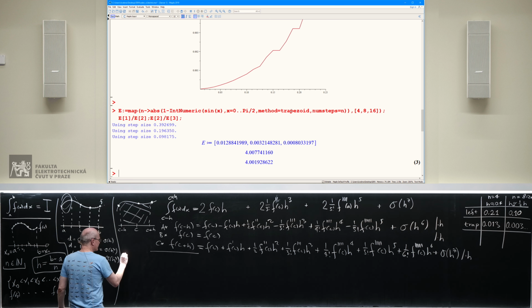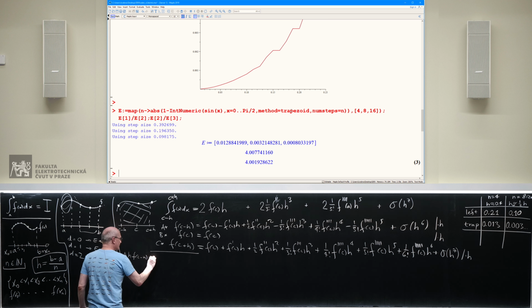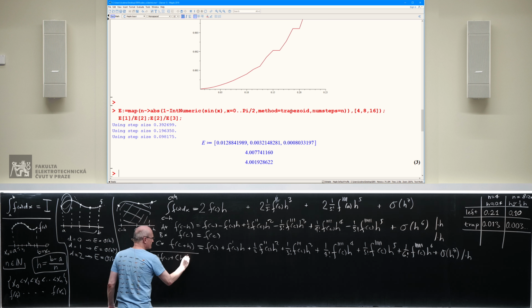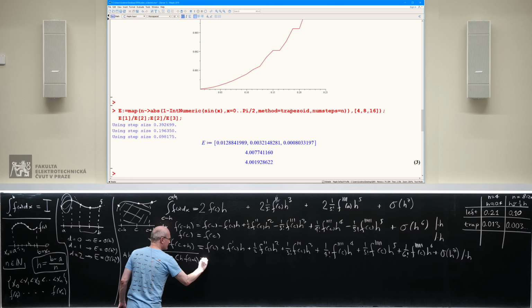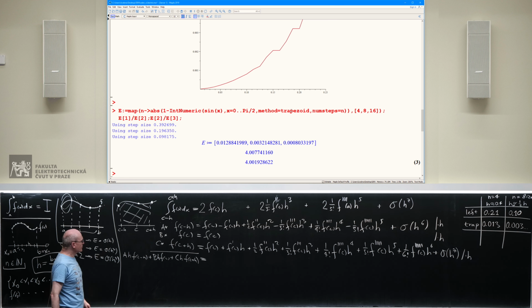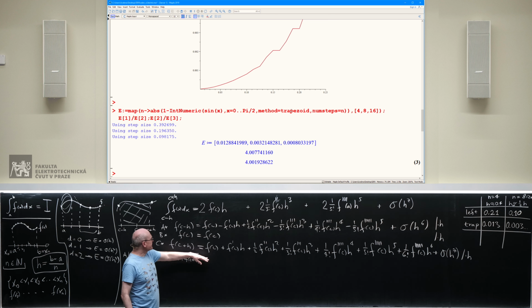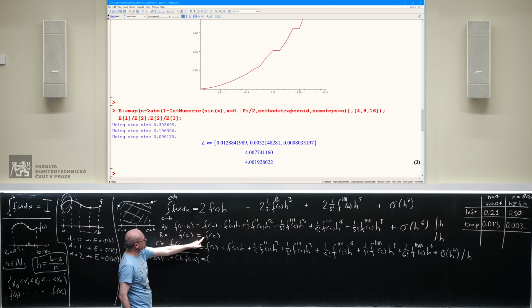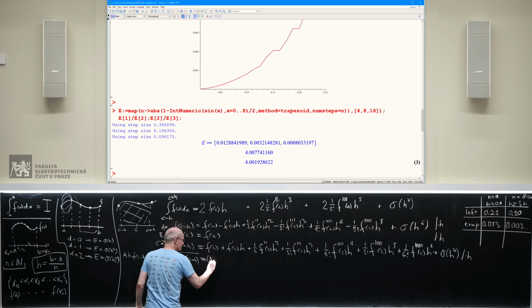And I get A times h f(c minus h) plus B times h f(c) plus C times h f(c plus h) is equal to, let's go for it. Okay, everything is multiplied by h, factor it out. f(c), factor out, what's left? From here A, from here B, from here C.